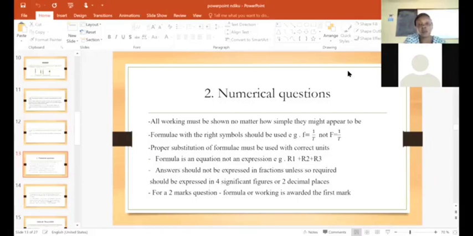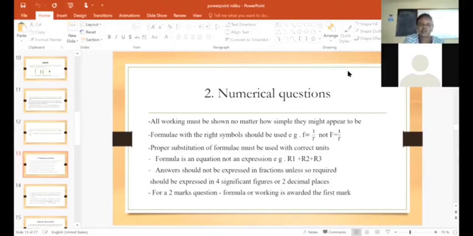After writing the formula, proper substitution with the correct units is done. Then it's also important to know the formula. When we are writing a formula, it is an equation but not an expression. So don't give one part of the formula.